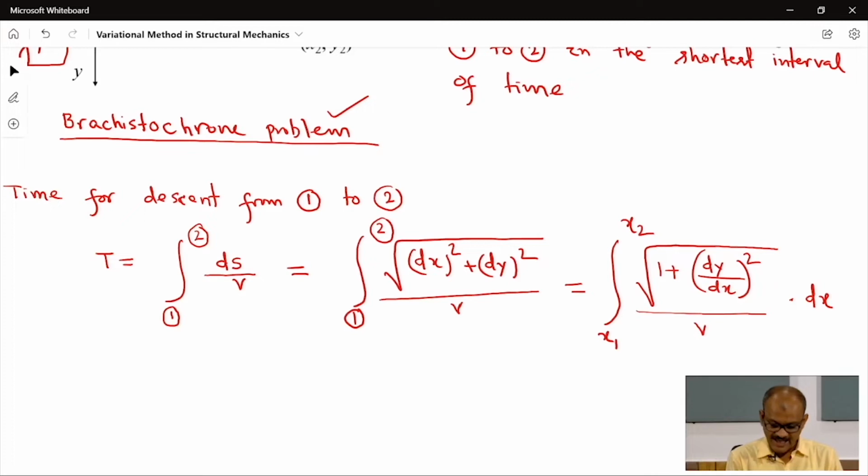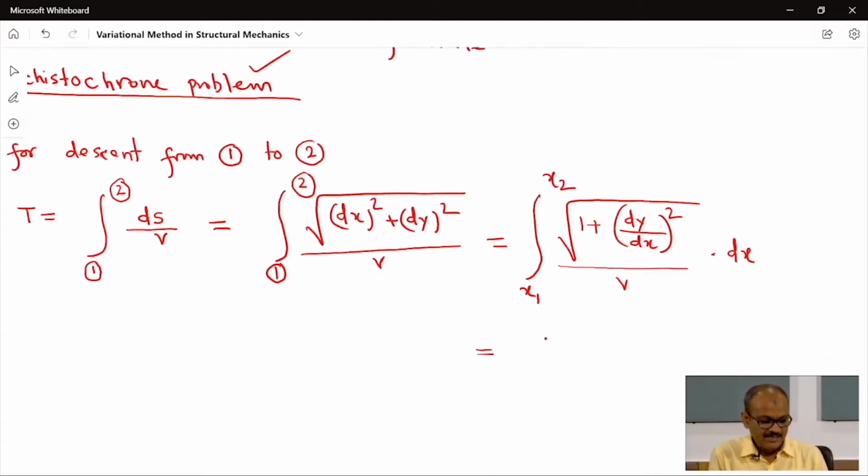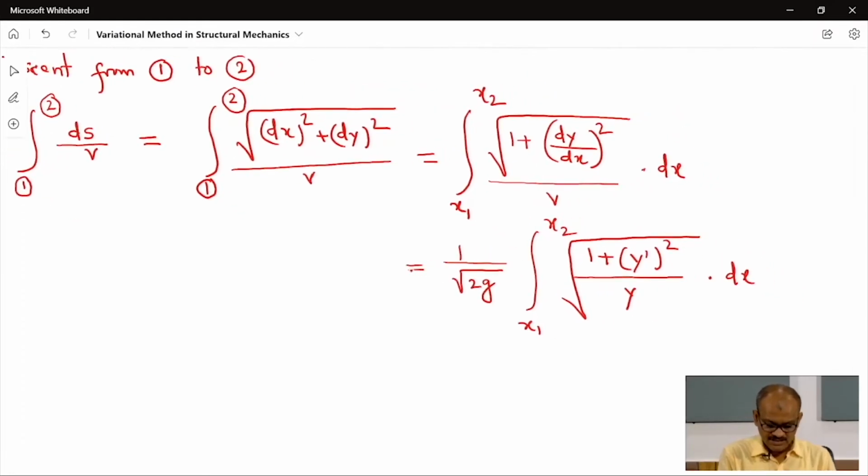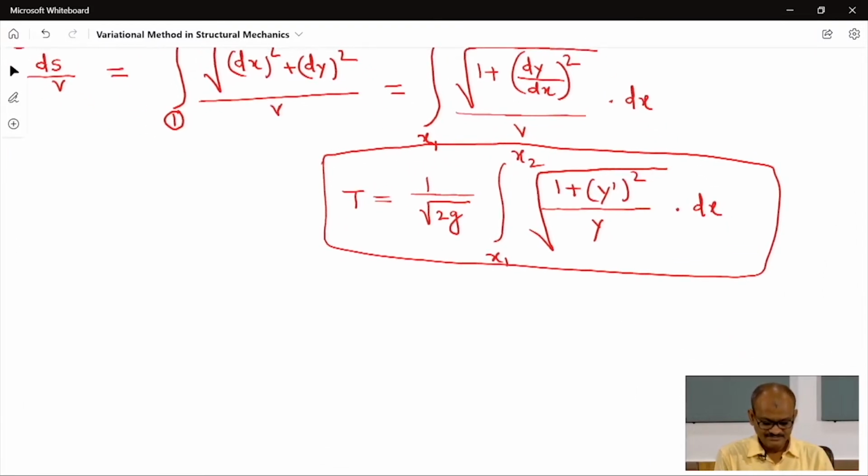So you can write t equal to 1 by root of 2g, into the integration from x1 to x2 of root of 1 plus y dash square divided by y, into dx. So this is a functional.